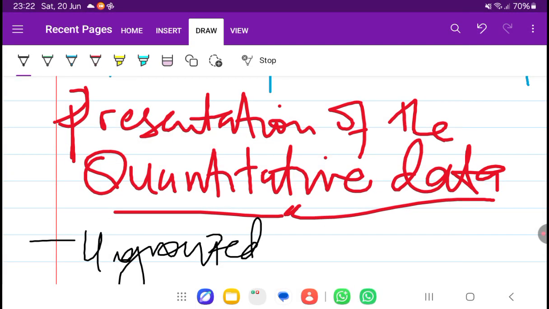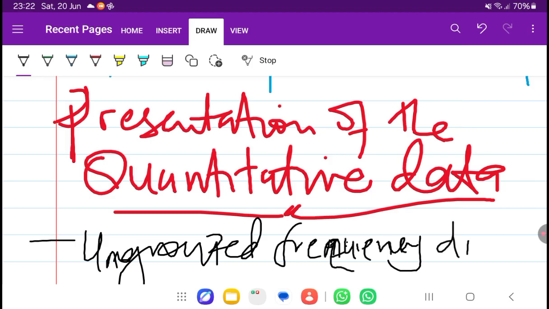Ungrouped frequency distributions, and then what we call the grouped frequency distributions.